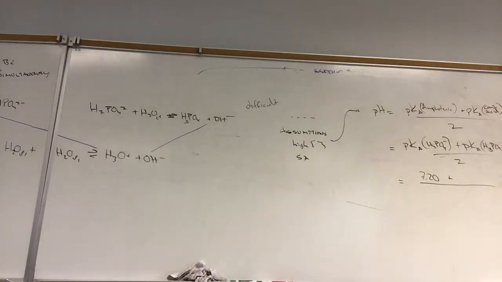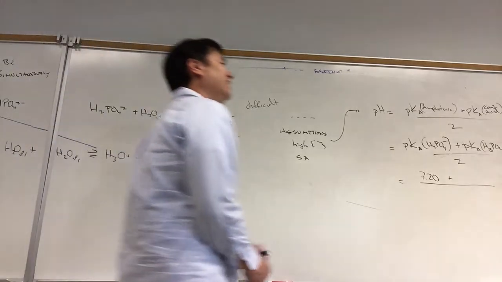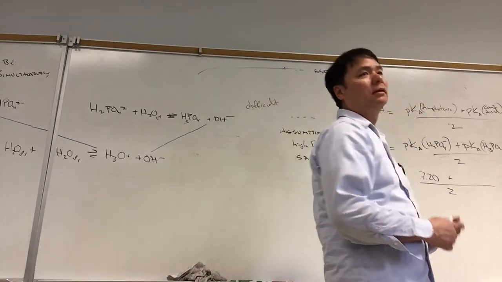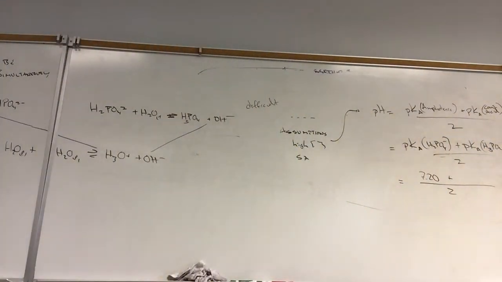I should have opened the book here, but it would be in the polyprotic acid line, Appendix D. Or can somebody just calculate it?